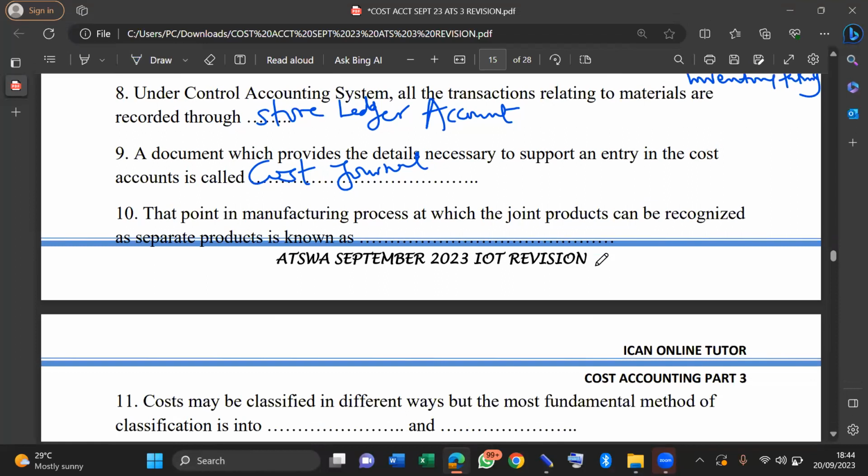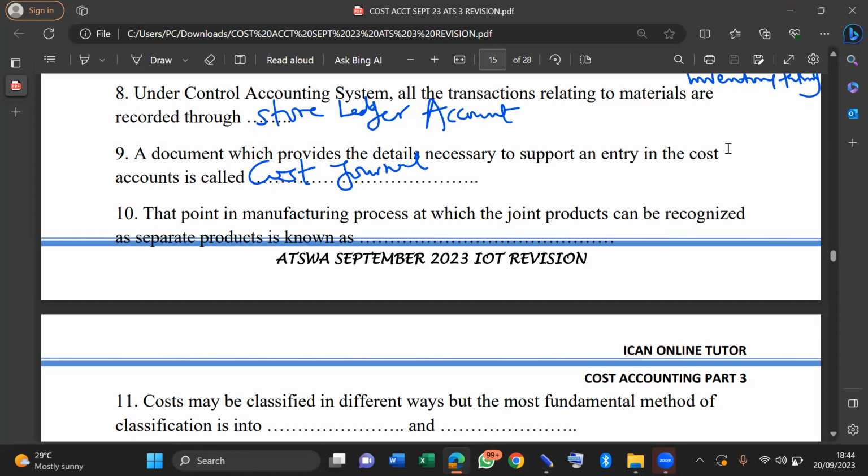That point in the manufacturing process in which your joint product can be recognized as a separate product is known as what? If our product that we produce jointly, we now recognize it individually, separately, it's called what?